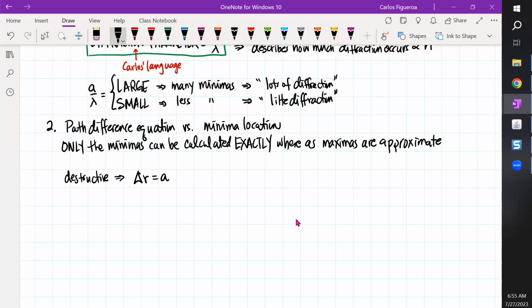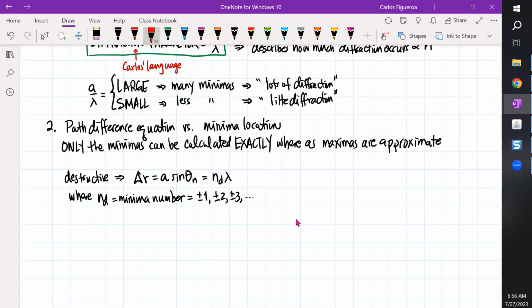It's going to be A sine theta n equals nd lambda, where nd is the minima number of the minima, and it goes plus or minus 1, plus or minus 2, plus or minus 3, and on.